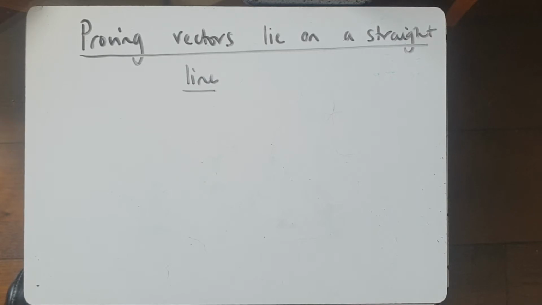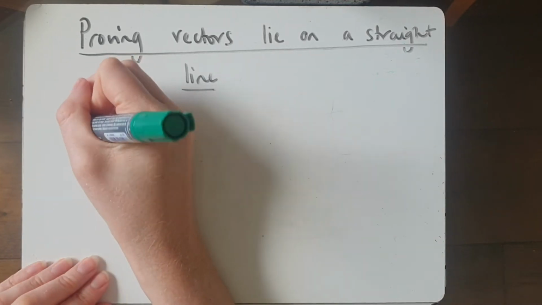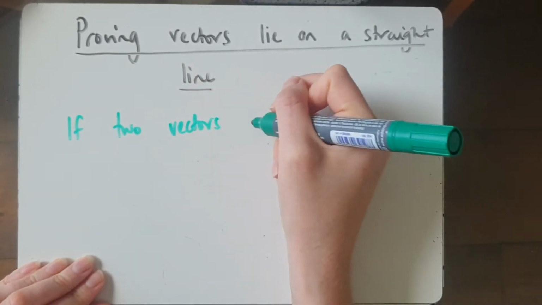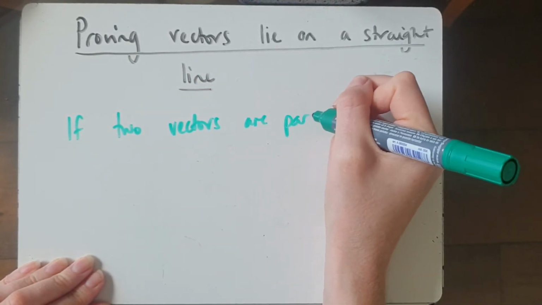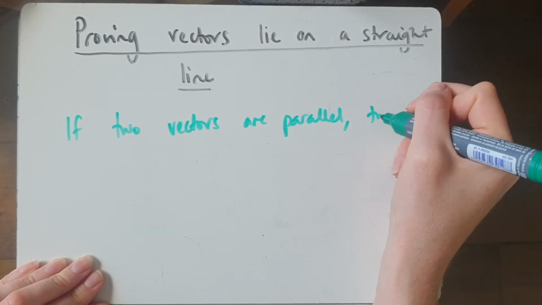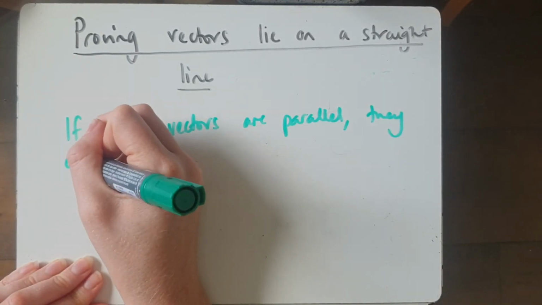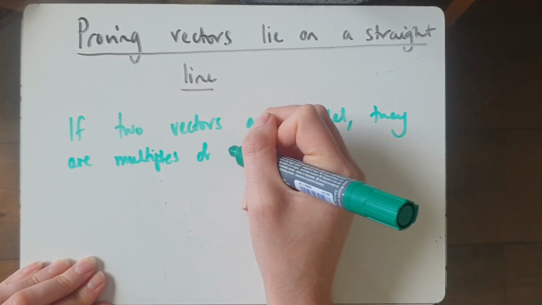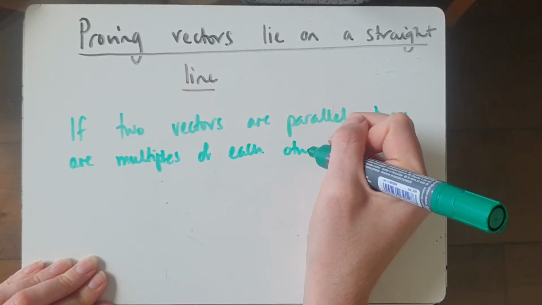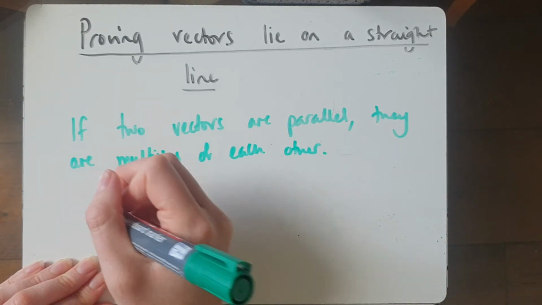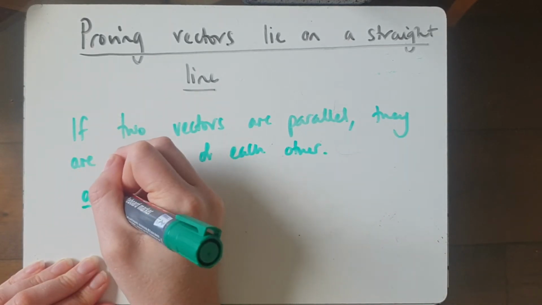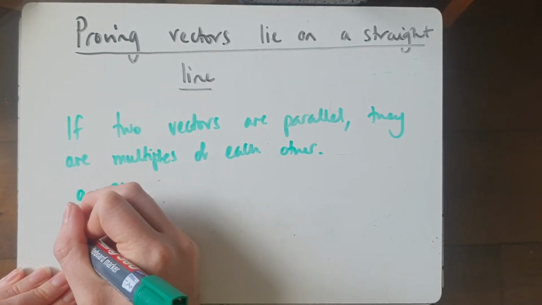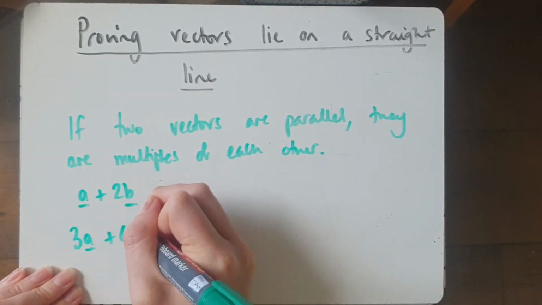So we learnt last time that if two vectors are parallel, then they are multiples of each other. So for example, we might have the vector a plus 2b, and we might have the vector 3a plus 6b.